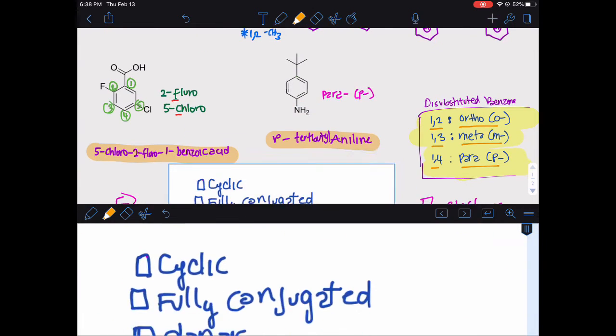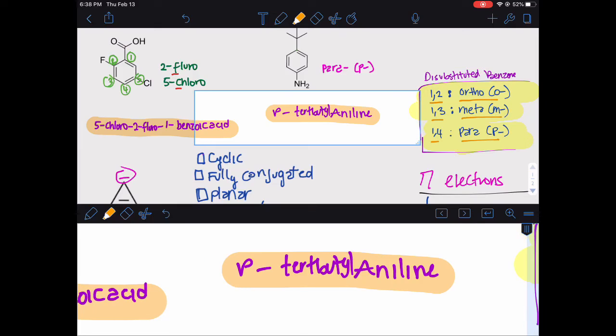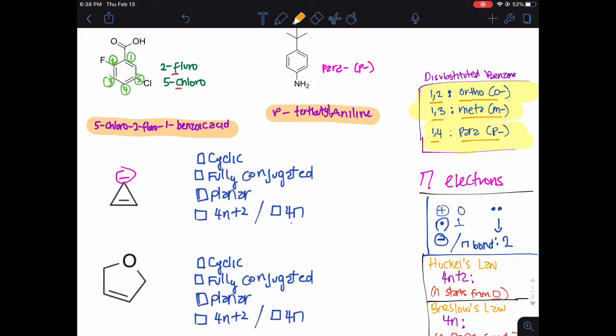Okay, so now let's go into how to determine aromaticity. There are 3 different terms that would describe aromaticity. There is non-aromatic, there is aromatic, and there is anti-aromatic. Okay, so these are the criteria to determine something's aromaticity.